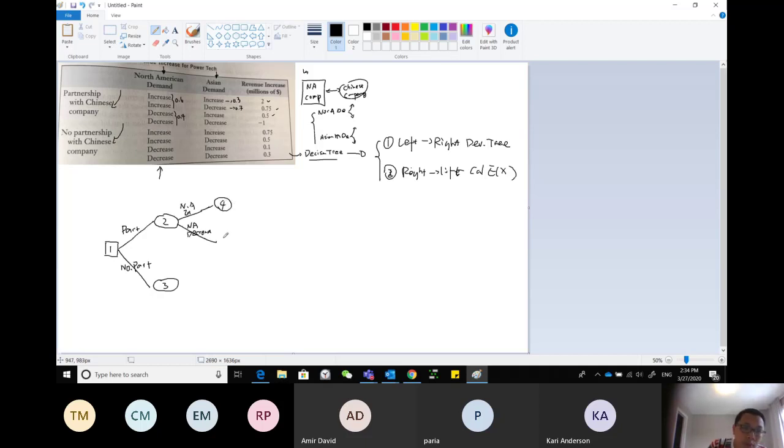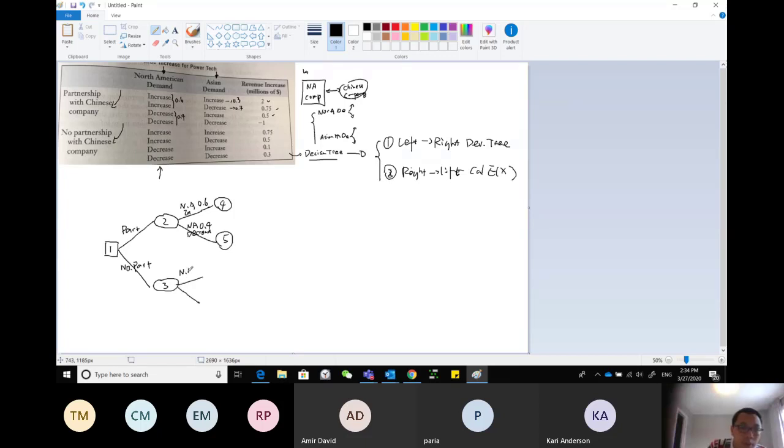This node is 4. Let's say this node is 4. This node is 5, right? And we know that this is 0.6 of the chance that North America demand is going to increase, and there is a 40% chance North America demand is going to decrease. Okay. So we do that same thing for node 3 here, right?